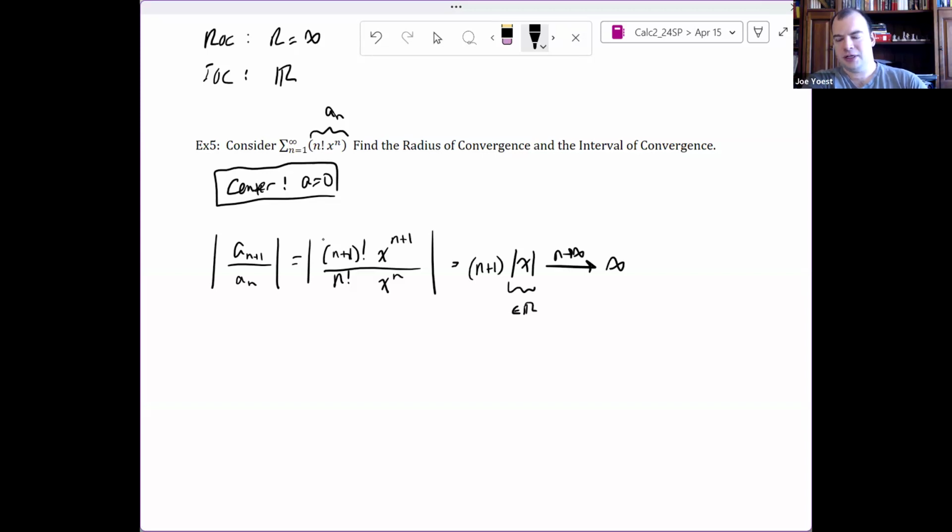This goes to infinity if x is not 0. But if x is 0, if I'm analyzing this series for the specific case where x is 0, that specific real number, then when I get to here, this is just 0, which of course limits to 0.